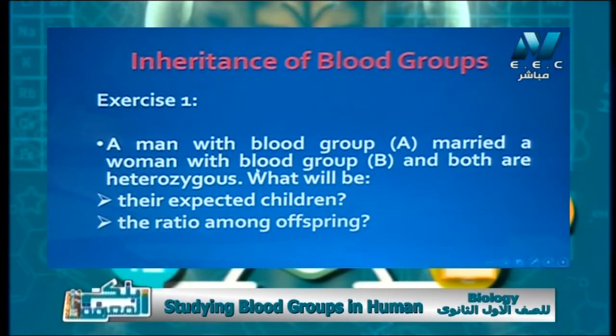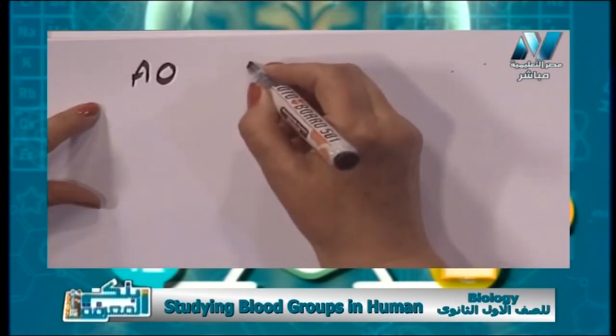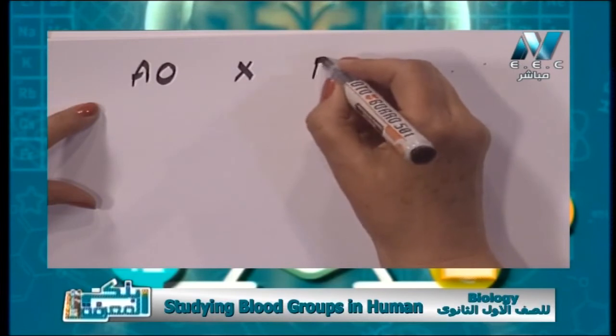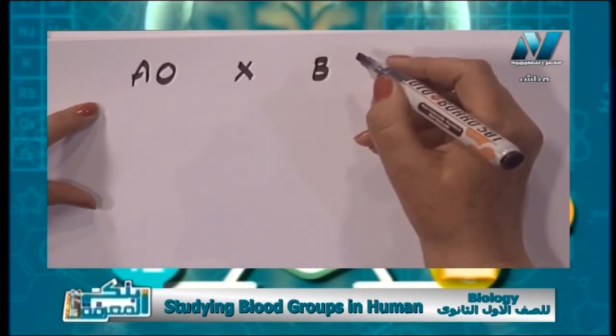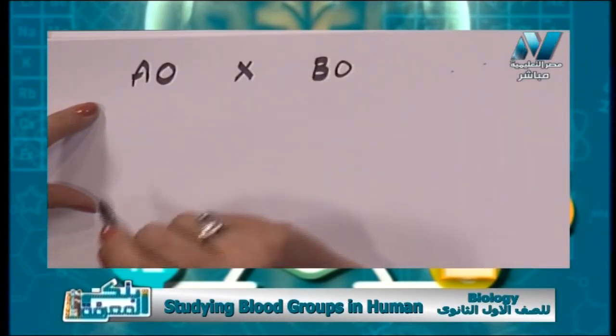Let us solve this problem in this way. The blood group A, and we said that he is heterozygous, so it must be AO. With the woman, blood group B, and she also is heterozygous, so we must say BO.